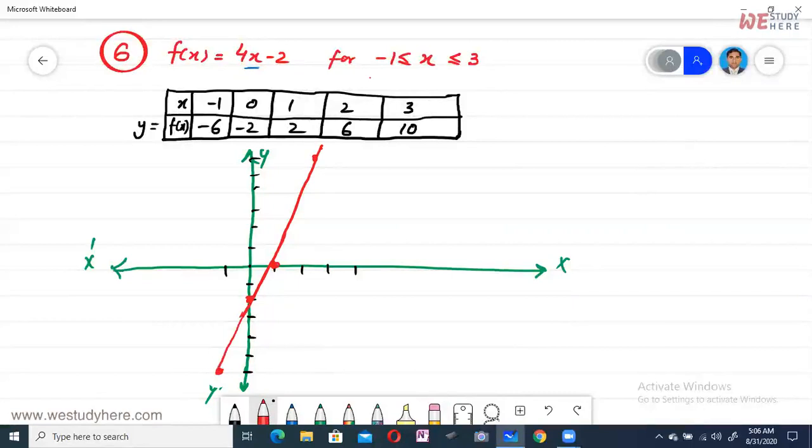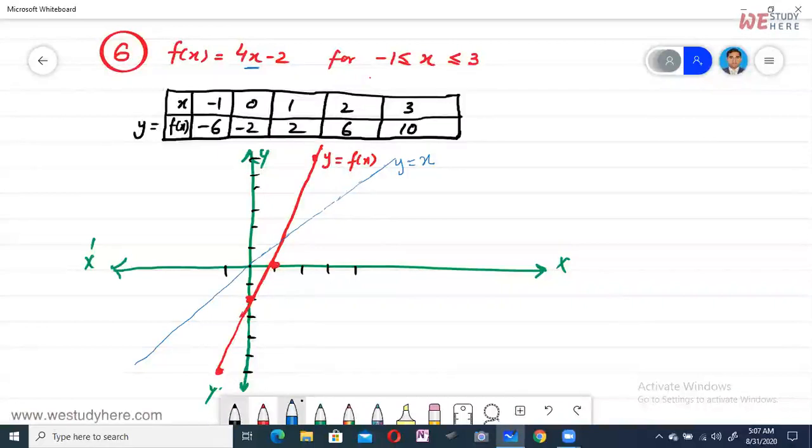This one. Now, this is the graph for y is equal to f of x. Now we need to draw the graph of y is equal to f inverse of x. For that, first of all, we will draw the line y is equal to x, the line of symmetry, the mirror line.